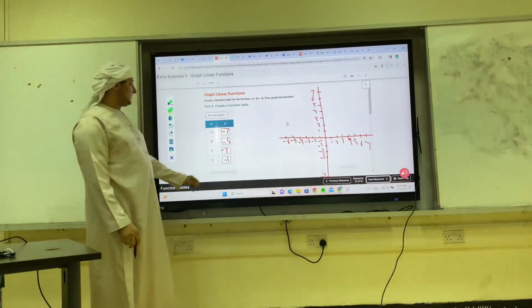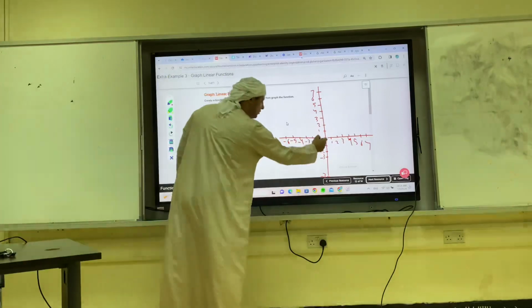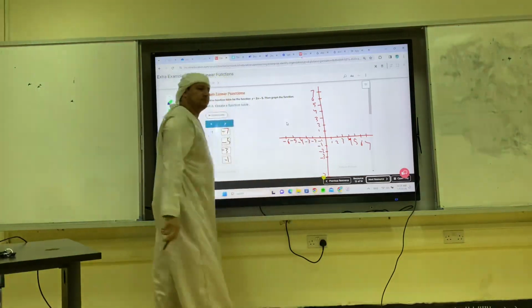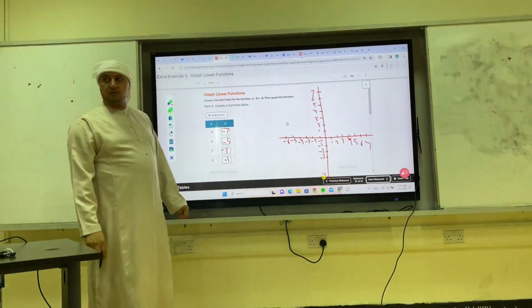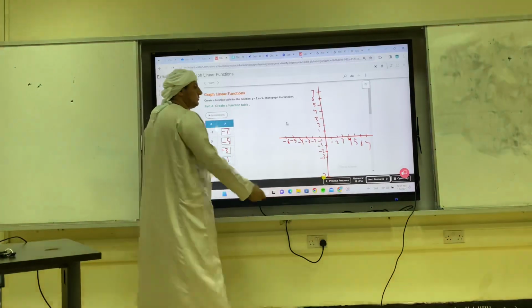Let me plot the values. Negative 1, negative 7 is all the way here, and 0, negative 5 is located on the y-axis.